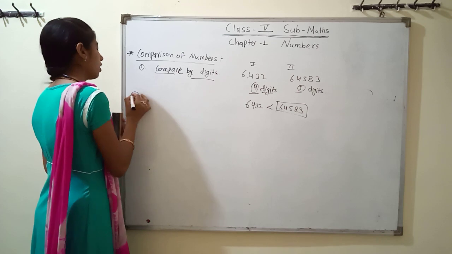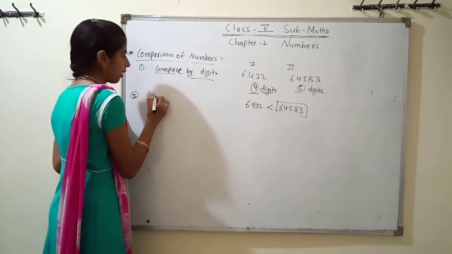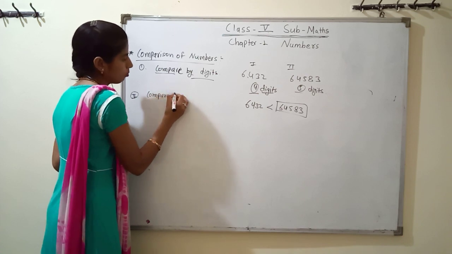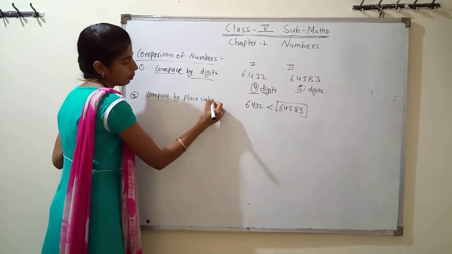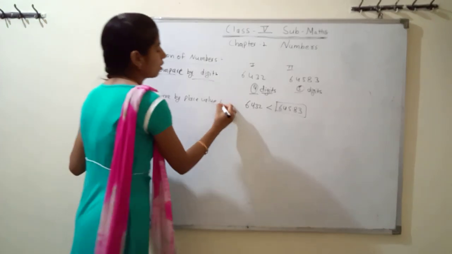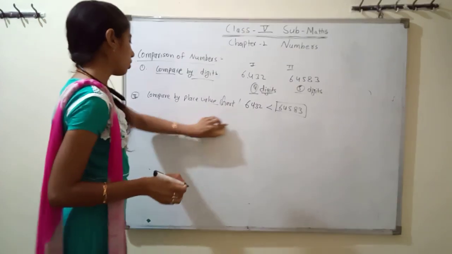That is your first method. Second method is compare by place value chart. How do we use place value?